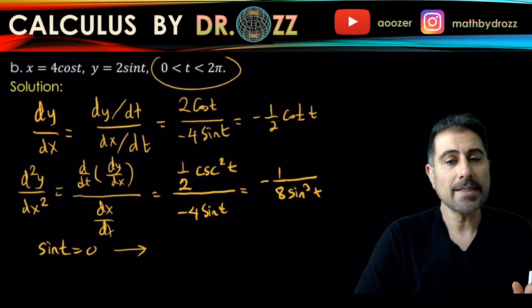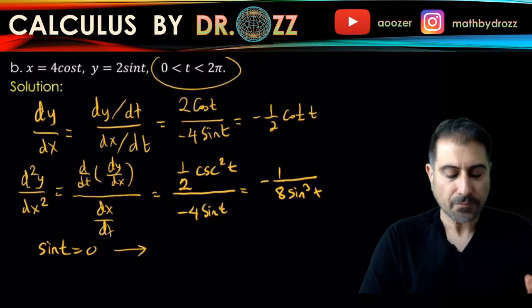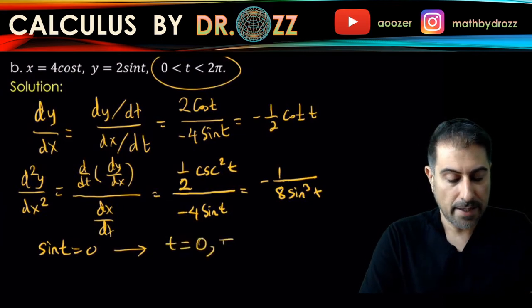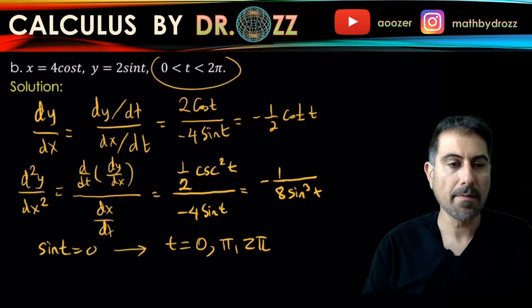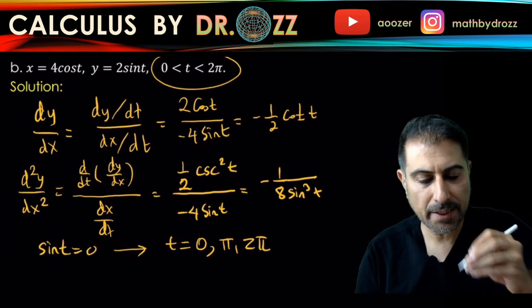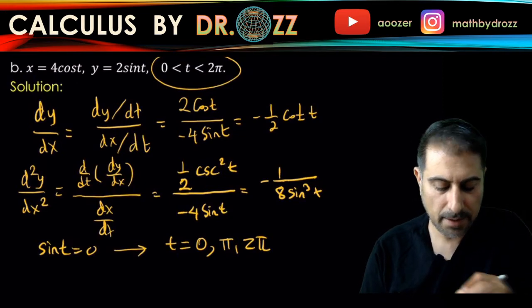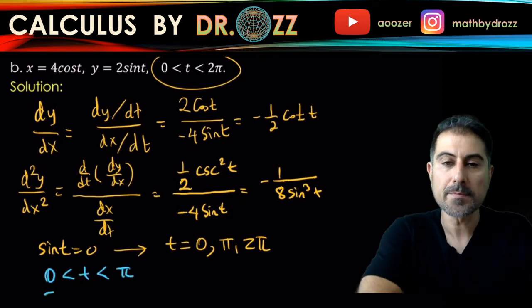If you use arcsine 0, you only get 0, and you're going to miss all other points. So convince yourself that at t equals 0, pi, and 2 pi, sine is exactly equal to 0. That means I have two intervals to consider: one is t between 0 and pi, and the other is t between pi and 2 pi.